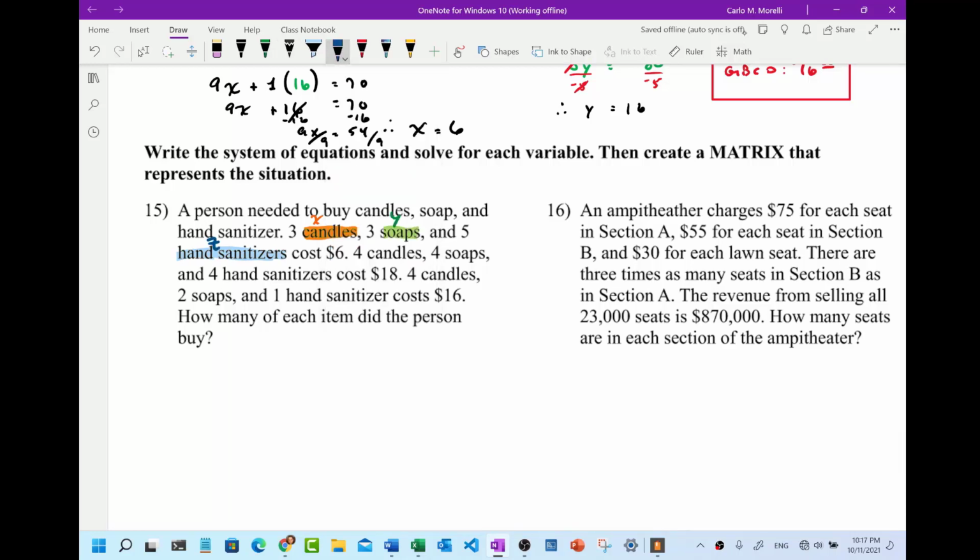So if you're going to create your equations, you'll write 3x plus 3y plus 5z equals $6. Wow, 6. Okay, this is very cheap.